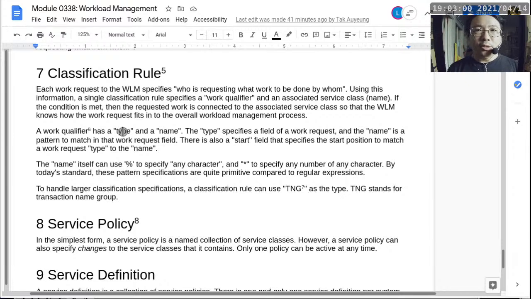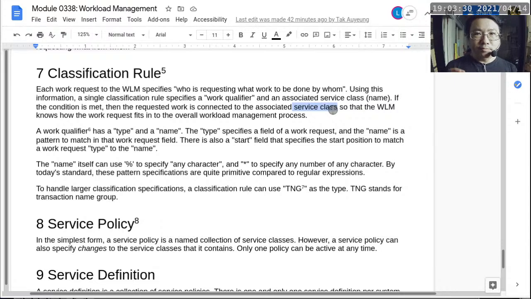So the type specifies what we are looking at, and then the name specifies when a match is going to be made. So one specifies where to look, and the other one specifies what we are looking for. If there's a match, then we associate that particular work request with whatever service class is specified by that rule.